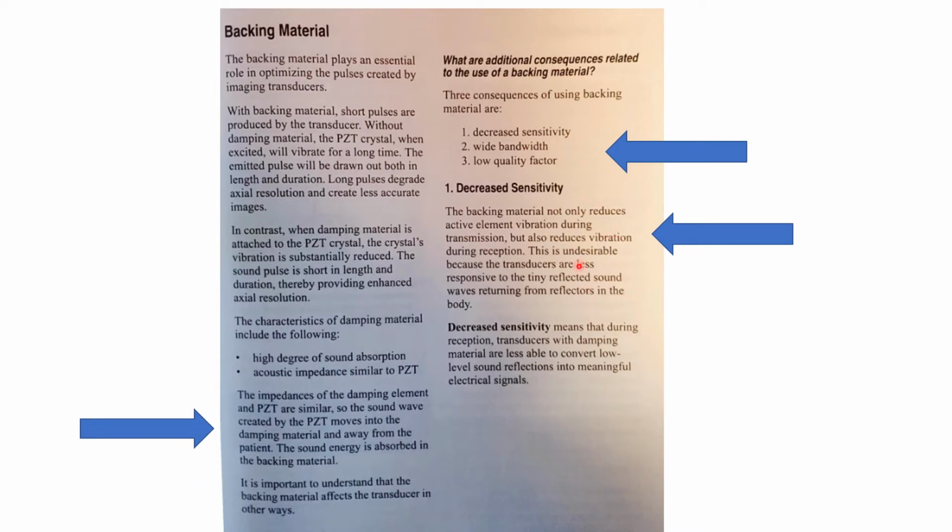But for gross kinds of ultrasound exams, this is useful. If you have a therapeutic ultrasound, you might want less backing material or maybe none at all. Decreased sensitivity means that during reception, transducers with damping material are less able to convert low-level sound reflections into meaningful electrical signals.